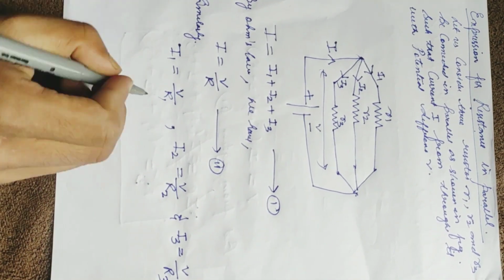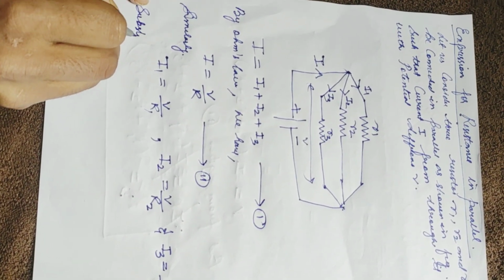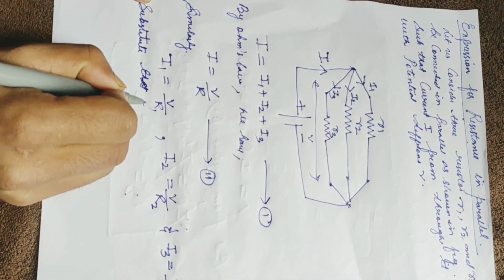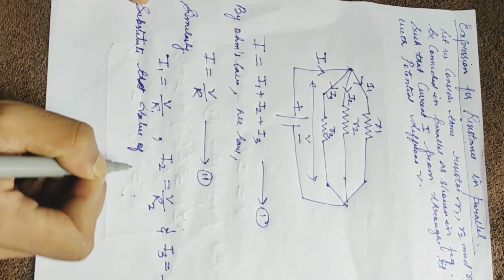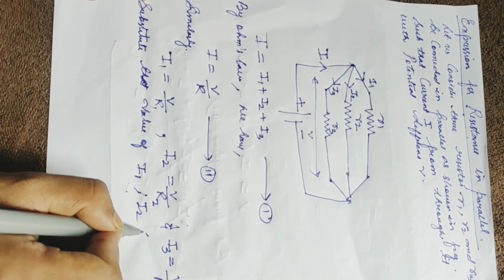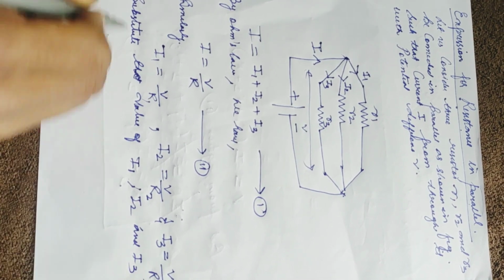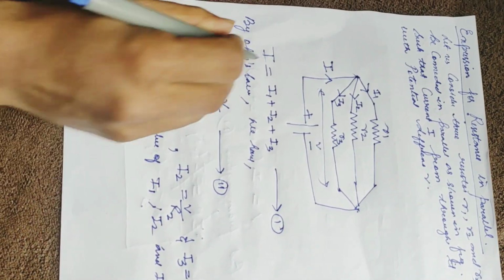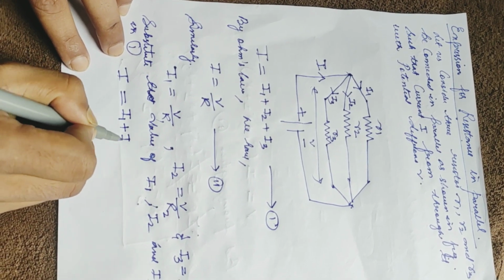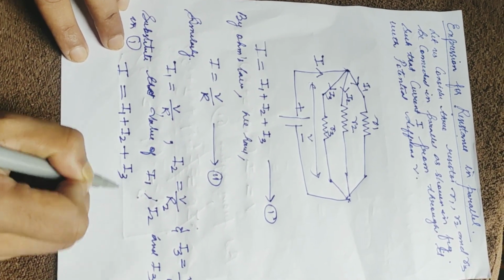Alright, so substitute the value of I1, I2 and I3 in equation 1. So we can write equation 1 again, I is equal to I1 plus I2 plus I3.